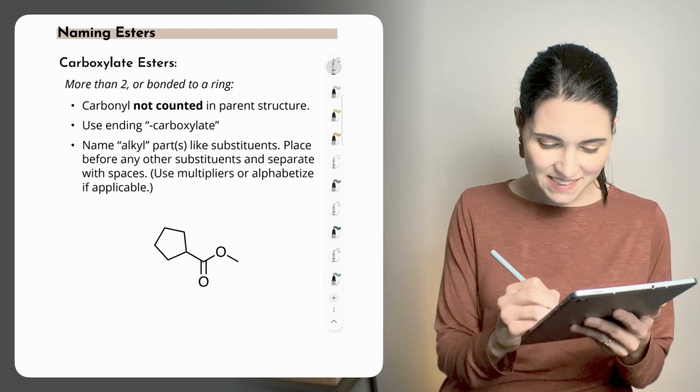So for this compound, as the example, we've got a cyclopentane ring, and then the carbonyl carbon here is outside of the parent structure, but it's still the principal functional group. So this would be cyclopentane carboxylate.